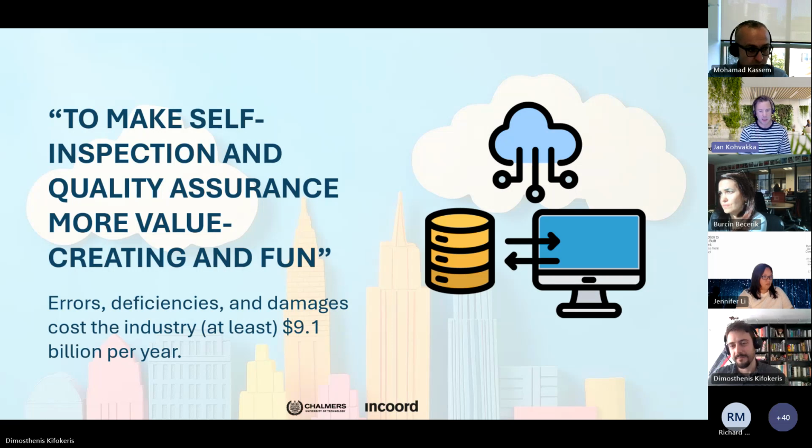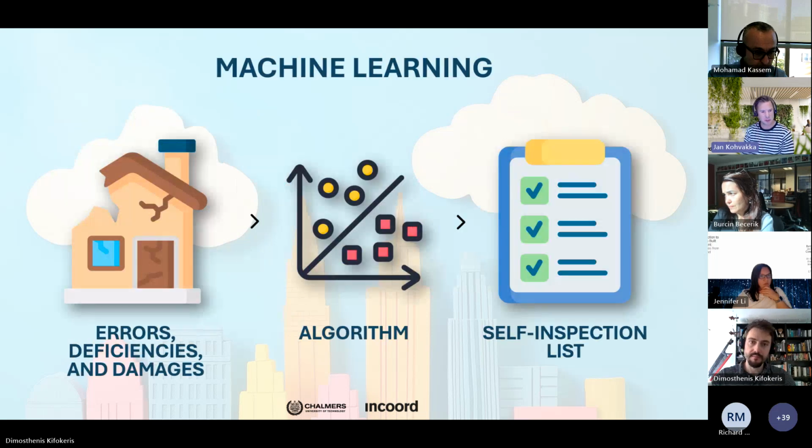Since then, we've been working through 4 innovation projects, up until this date, where we just finished our last project that was focused on the use of AI. So I think you can continue with the next slide, Demos.